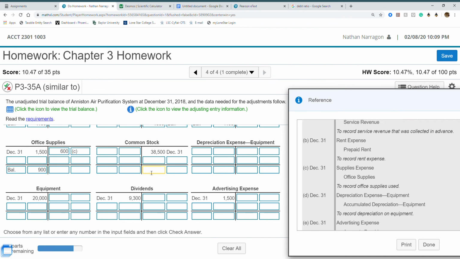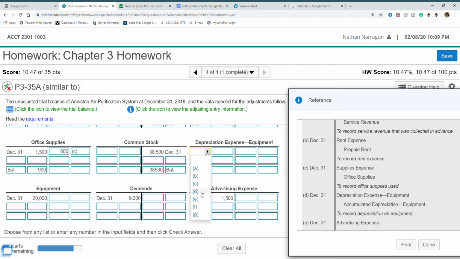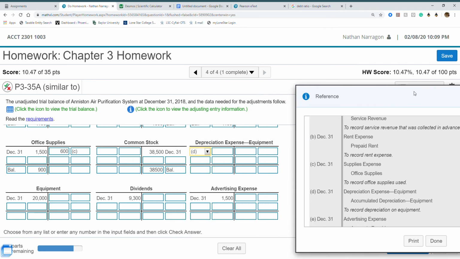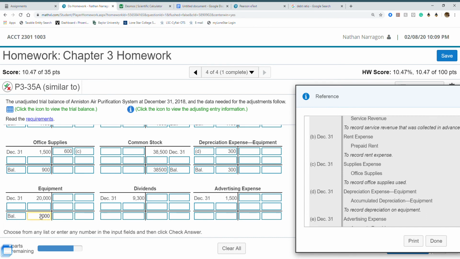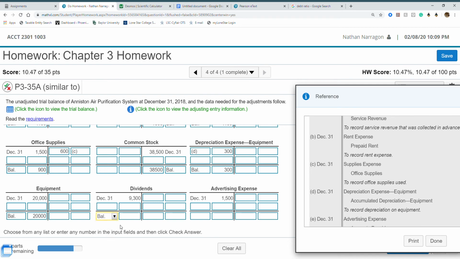We did not do anything with common stock. Depreciation expense. We had this one in D. And we depreciated 300. Balance 300. Equipment. We don't make changes to equipment in adjusting. Same thing with dividends.